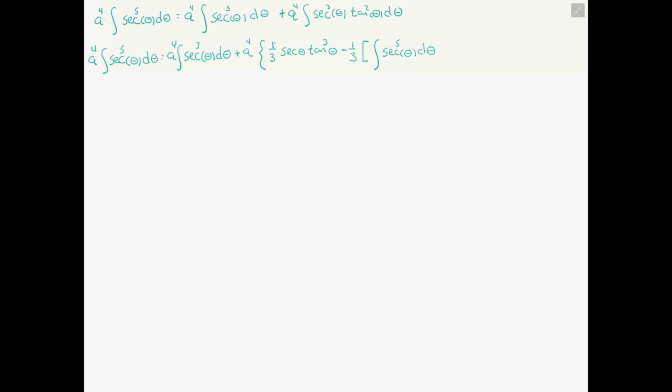I think I'm adding each term independently. So I did break it up into three separate integrals, as you can notice here.